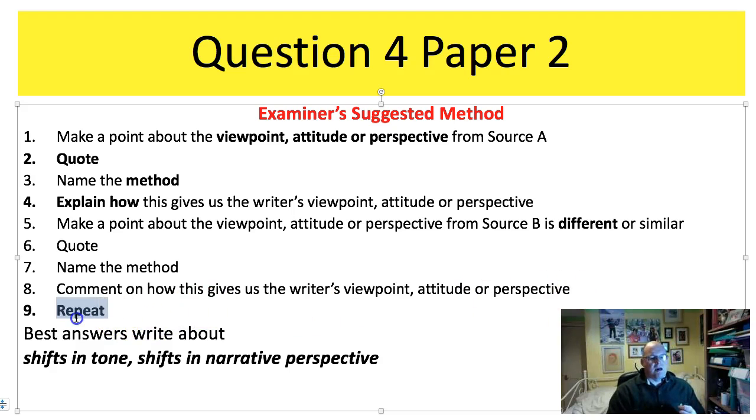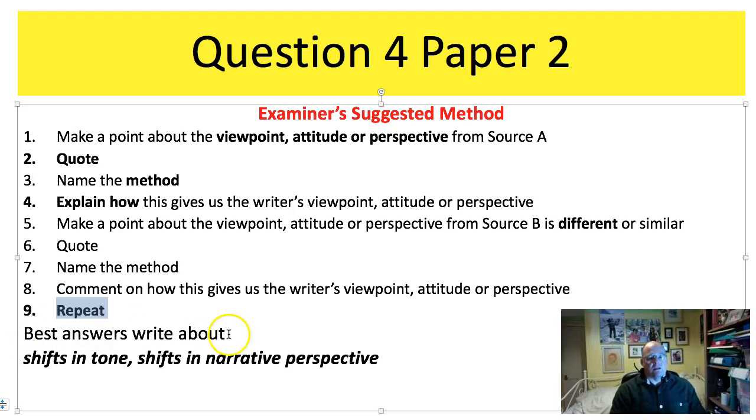And then you repeat that process to make another comparison. So you have got 2 quotations from both source A and source B, and those quotations are compared. There you go. So you've got effectively 4 things interlinking there. I wish I could count, but you can see what I mean. 2 quotations from each, compared each time.